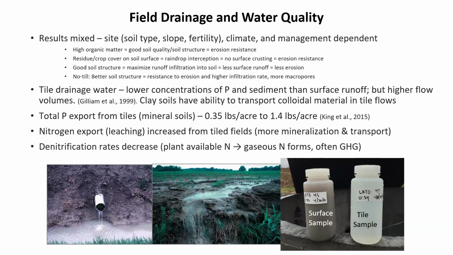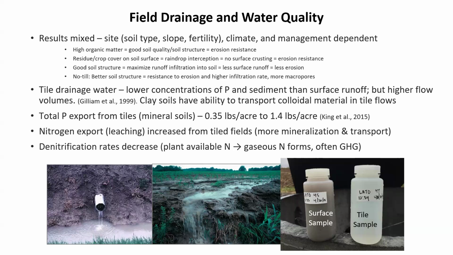Another challenge is that clay soils do have the ability to transport that colloidal material in tile flows, and so we can see some sediment transport when we have heavier clay soils making it through to those tile drains. And again, where we have those colloidal particles, we could have phosphorus attached to it.